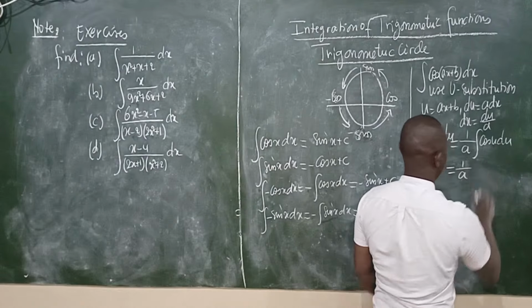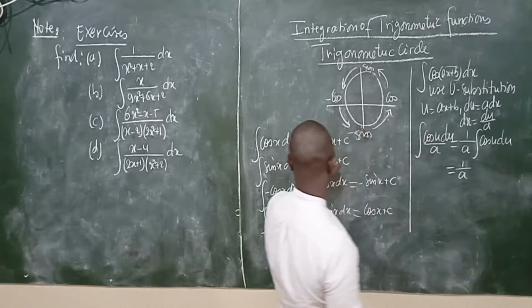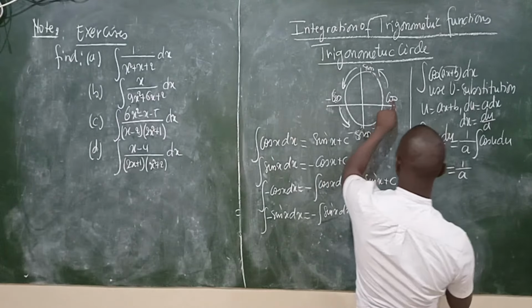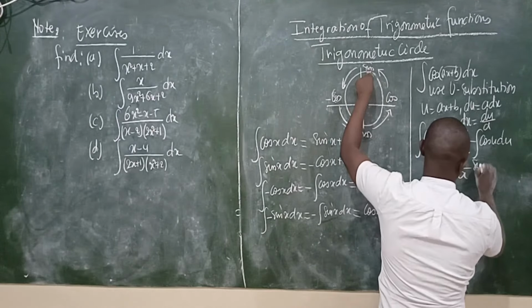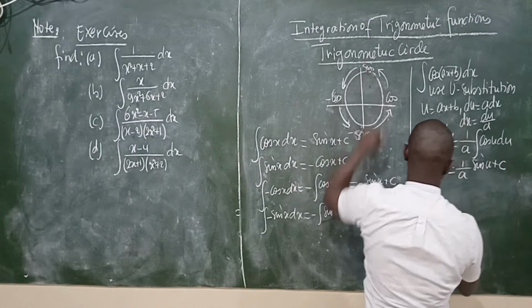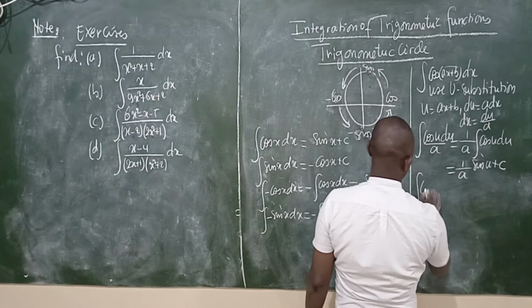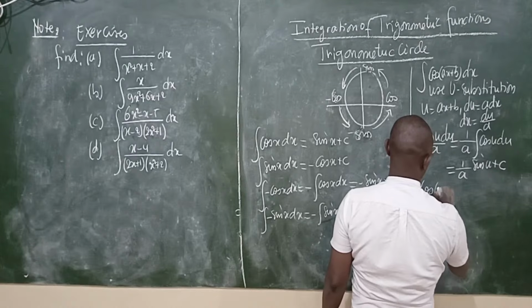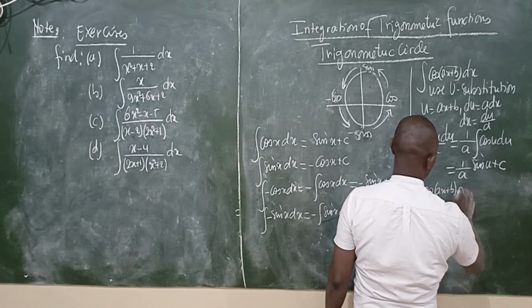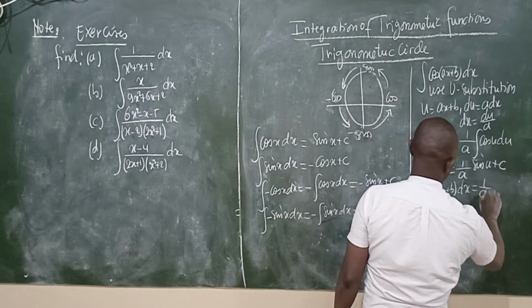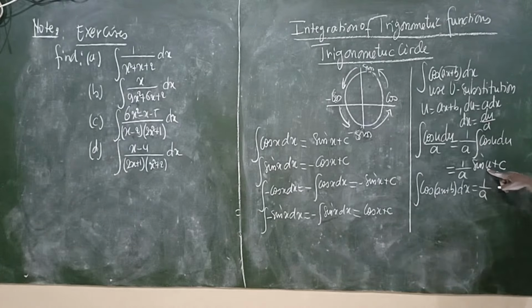The integral of cosine was sine, here is sine u plus c. So the integral of cosine of ax plus b dx will be 1 over a, because our u was ax plus b, sine of ax plus b. Then we add the constant of integration.